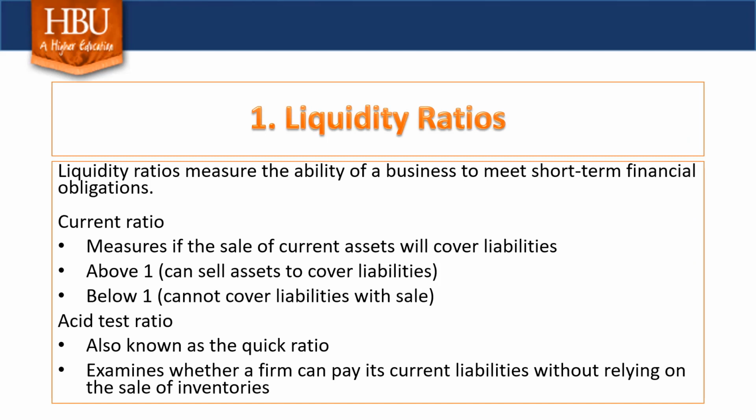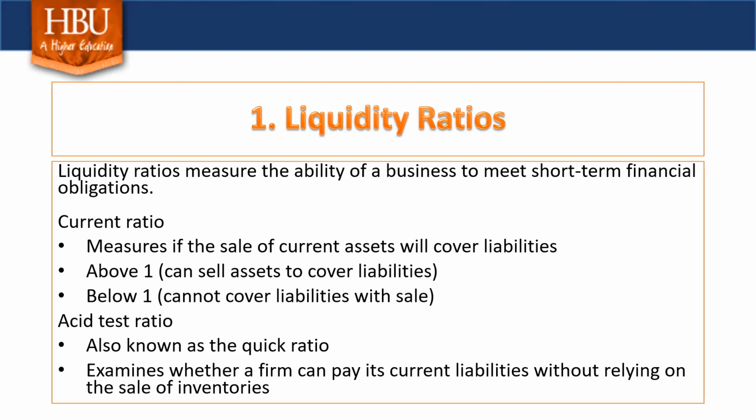We know from previous discussion that liquidity is the ease and quickness with which assets can be converted to cash. Therefore, the liquidity ratio measures the ability of a business to meet those short-term financial obligations. How do we do this?